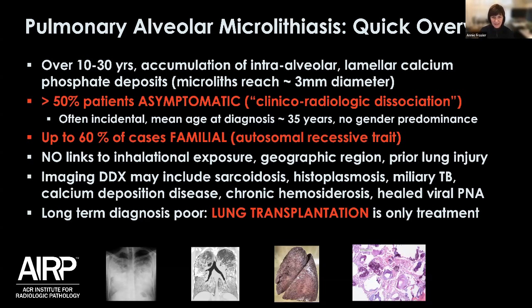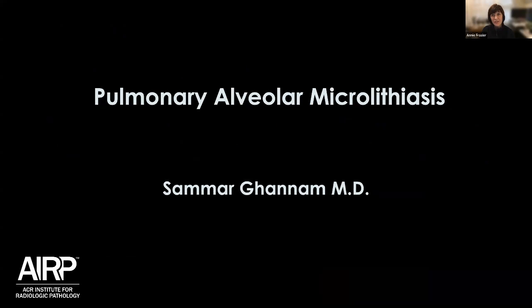Unfortunately, there's really no treatment for this. Once you have these changes in your lung parenchyma, you're not going to clear it. So lung transplantation is actually the only treatment and is selected in patients that develop chronic respiratory change. This beautiful case of pulmonary alveolar microlithiasis is from Samar Ghanam, and I thank you very much.